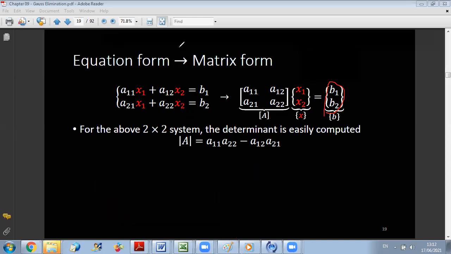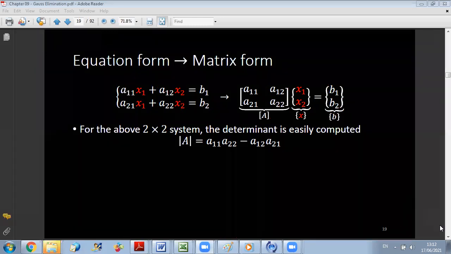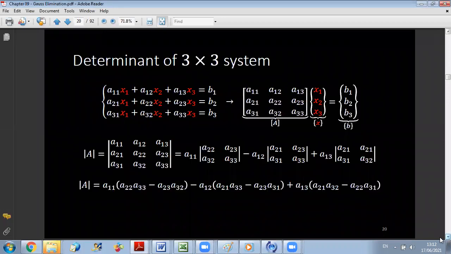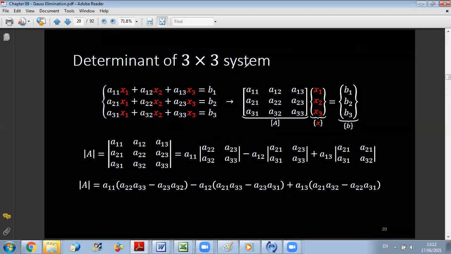Okay? Now, this method will become more complex if we get a higher number of equations. For example, if you have a 3 by 3 system, already the computation of the determinant will become more complex.